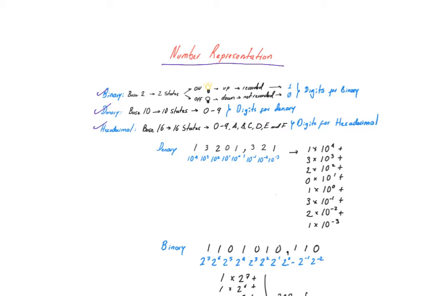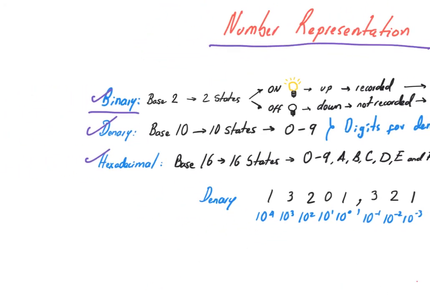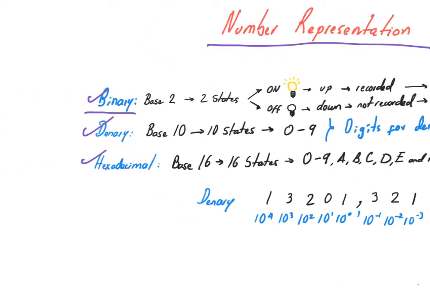Now, the binary system obviously is the one we use the most, because it is the system that allows us to represent quantities or numbers or, in general, data by using two different states, right? Which means we're using base 2 for the numeric system.